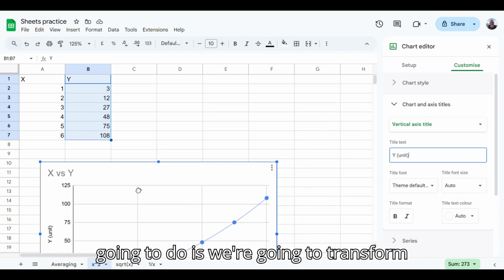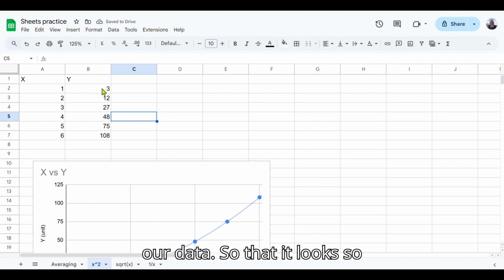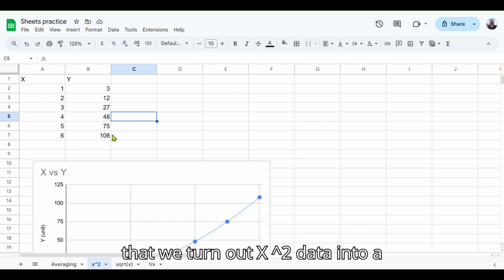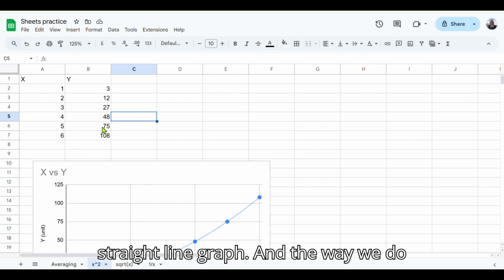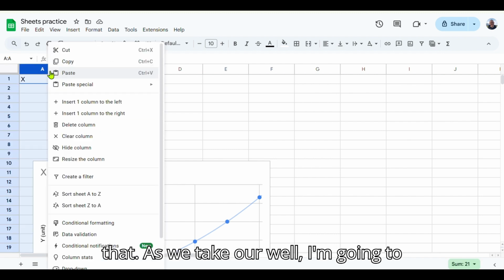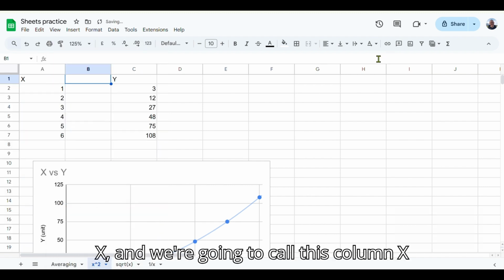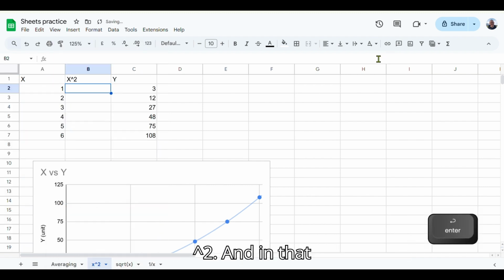So what we're going to do is transform our x squared data into a straight line graph. The way we do that is I'm going to insert a column to the right of our x, and we're going to call this column x squared.